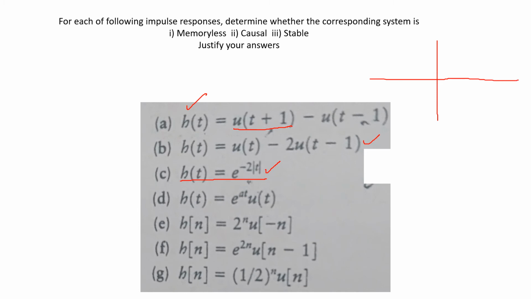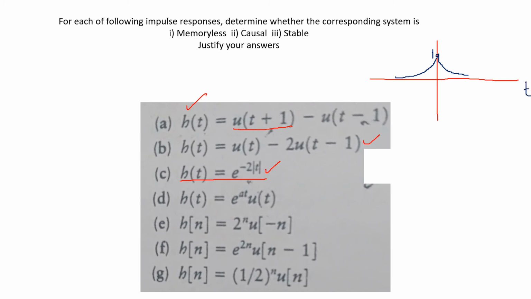It would be something like this. Okay, it's decaying and it's also decaying, right? The maximum value it has is 1, and this is your time axis.